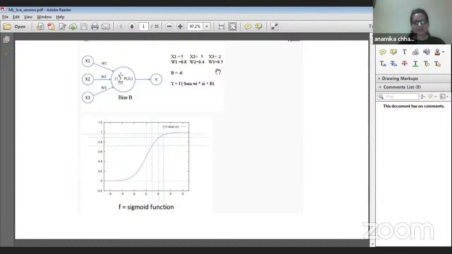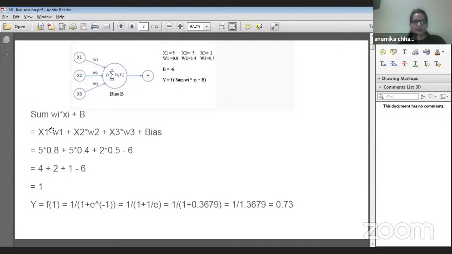Here in this question, we have to use a sigmoid function that is shown here, and the formula is also given: 1 over 1 plus e to the minus x. So if x is the input, it gives as output 1 over 1 plus e to the minus x. That is the output. These values are given to us, and what we are supposed to find is the value of y.